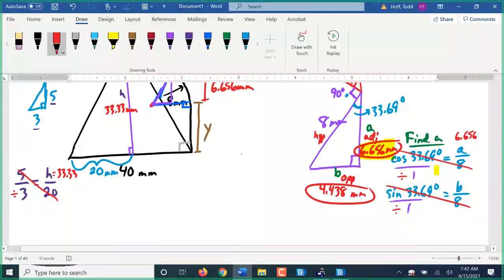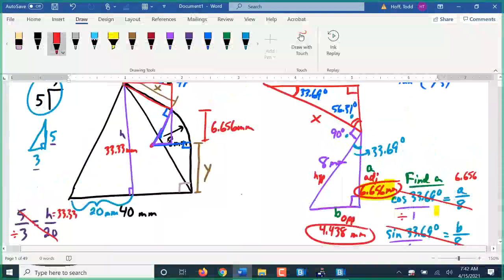Now, why that bottom piece, B, is important is because I can come up here. If this is 4.438, this piece here has to be 3.562.